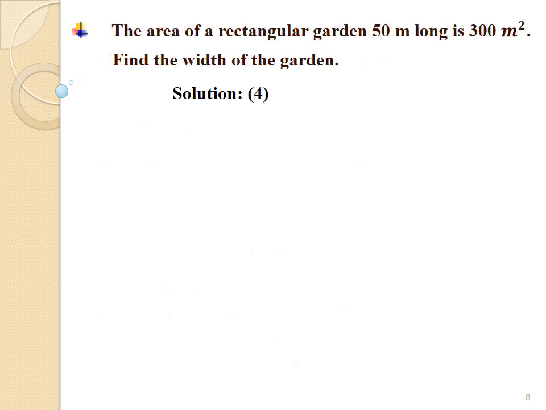Now, sum number 4. The area of a rectangular garden 50 meters long is 300 square meters. Find the width of the garden. Students, in this question, we have to find the width, that is breadth, of a rectangular garden. We have been given the area of the garden, which is 300 square meters.